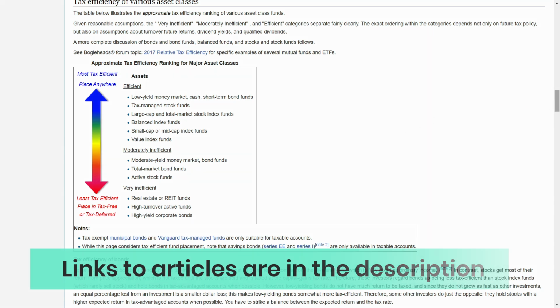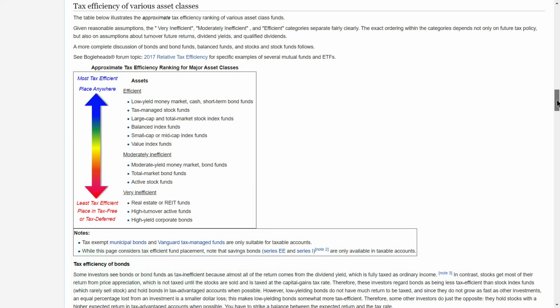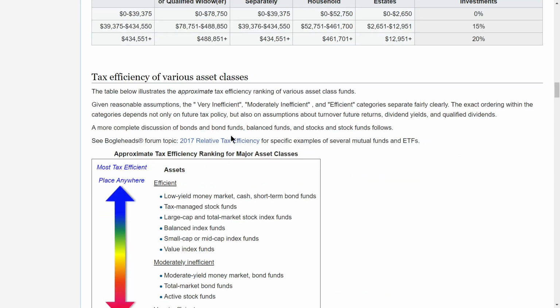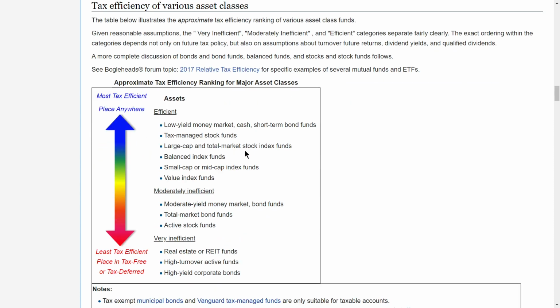So if we've got taxable and tax advantage accounts, how do we actually position the funds in our portfolio in the smartest way possible? So starting from very tax efficient to very tax inefficient, going down this list, you will see that in the group of tax efficient assets, and let me zoom in here a little bit, we look at things like low yield money market, cash reserves, short-term bond funds, tax managed stock funds, large cap, total stock market.